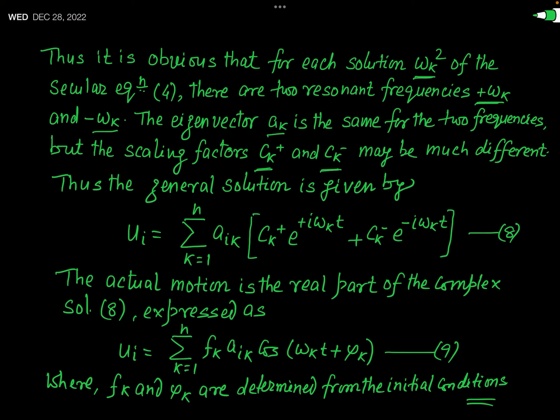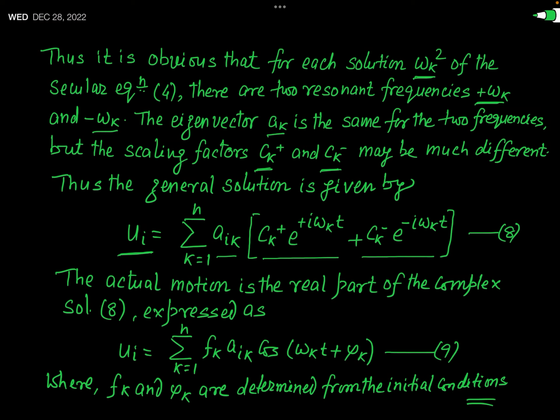So in this condition, the general solution of the oscillatory motion is written like this: u_i equals the summation over k of a_ik times c_k plus e to the power plus i omega_k t, plus c_k minus e to the power minus i omega_k t.